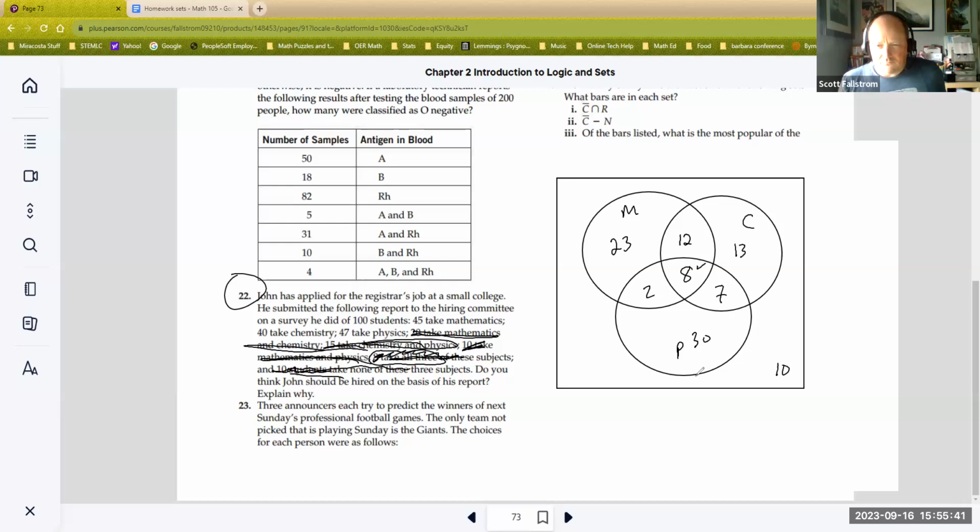Now, we know there's supposed to be 100 students. I guess what I would do next is just make sure if I add everything up, do I get 100 students total? So like right here, 47 take physics. So if I was doing this, I'd be like, okay, there's 47 plus another 10. That's 57. 67, 77, that'd be 80.